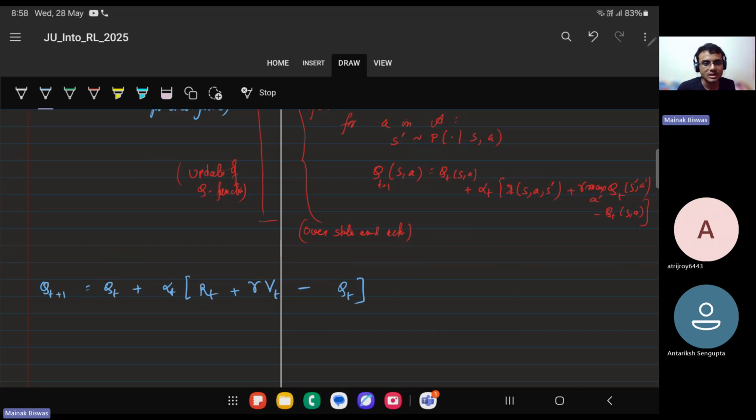So this is equivalent. Why is it equivalent? Remember Qt plus 1 for this is the expanded equation. This is the convergence result.